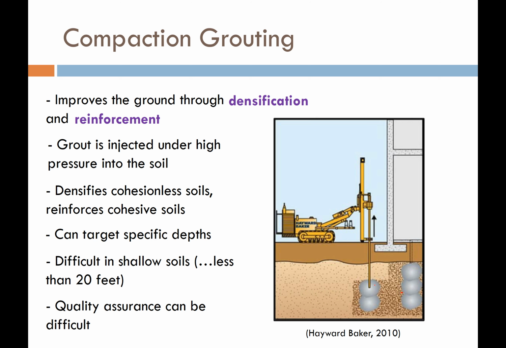Right now this diagram shows these nice, pretty, even, uniform little bulbs of grout. In reality, it probably doesn't look at all like that. It's messy, it's probably not uniform, and so quality assurance, being confident of the quality of what you have, can be difficult.